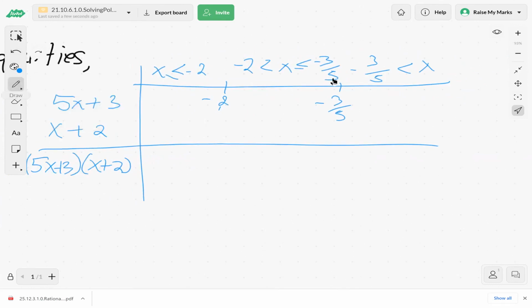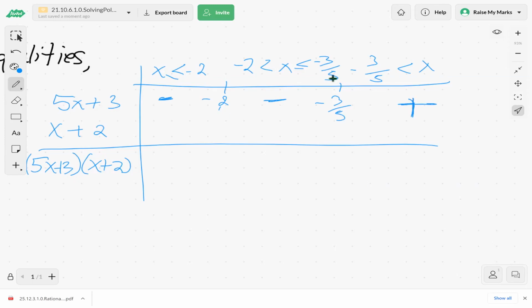When x is less than negative 2, 5x plus 3 is a negative value. When x is between negative 2 and negative 3 over 5, 5x plus 3 is again a negative value. Finally, when x is greater than negative 3 over 5, 5x plus 3 is a positive value. Put a plus sign there.